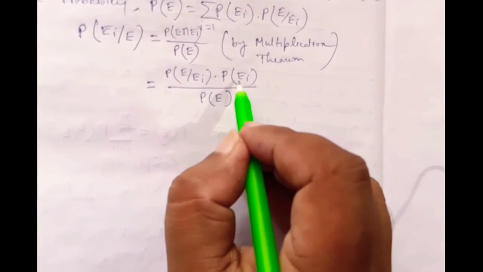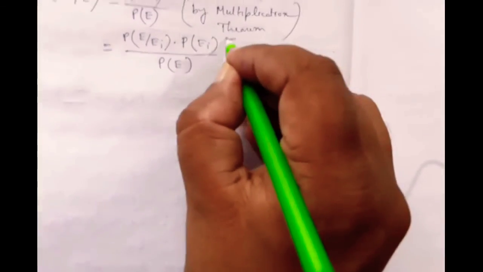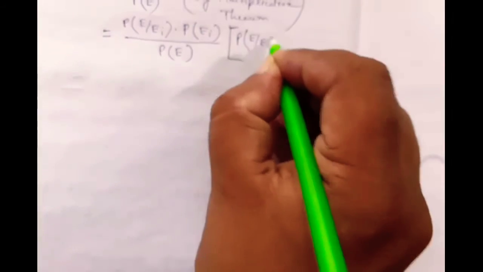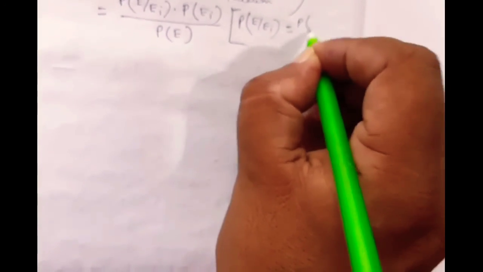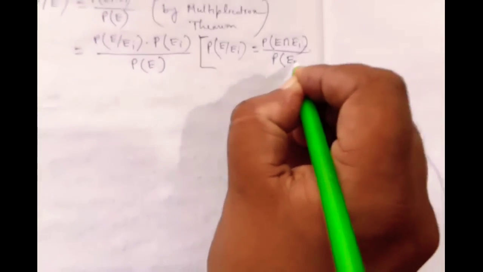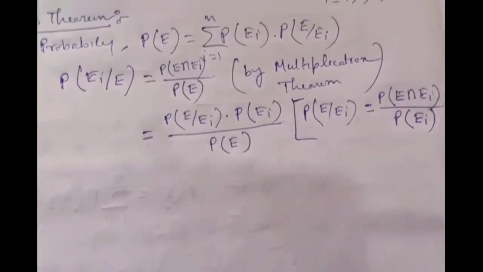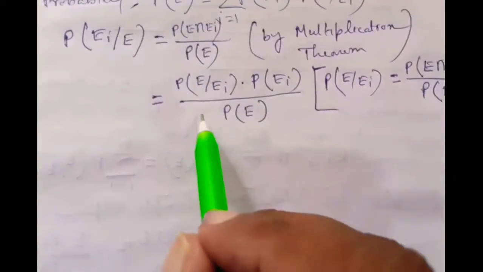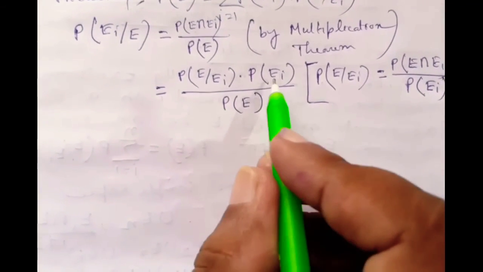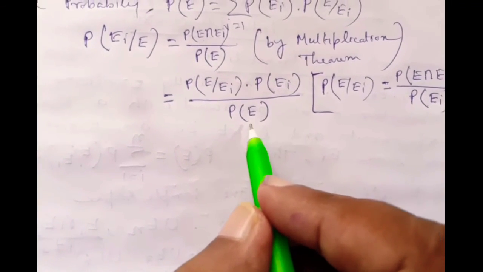I am writing here the probability of E by Ei equals probability of E intersection Ei by probability of Ei. Okay, so here this is probability of E by Ei into probability of Ei by probability of E.